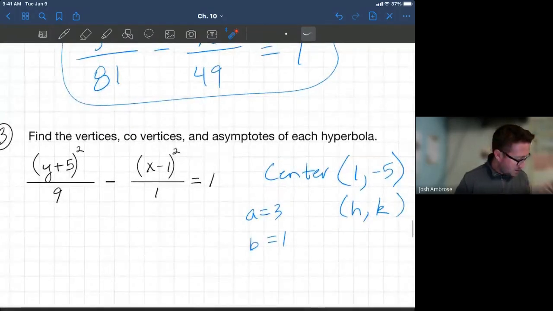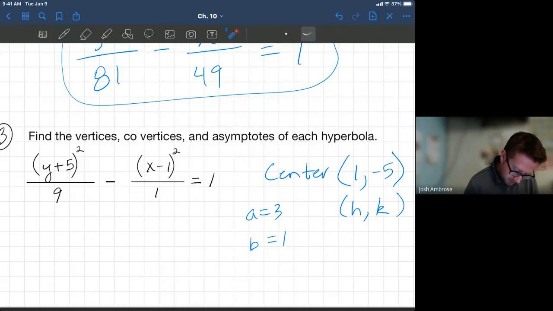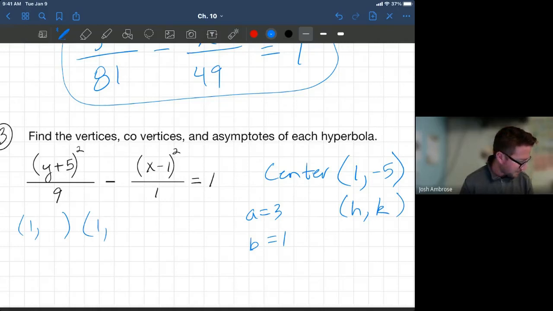Let's go ahead and calculate our vertices. So the vertices say the x value is just h, and what is our x value being h? It's just 1. So we're going to have 1 comma and then a value we have to figure out, then another 1 comma and another value, of course, that we have to figure out.